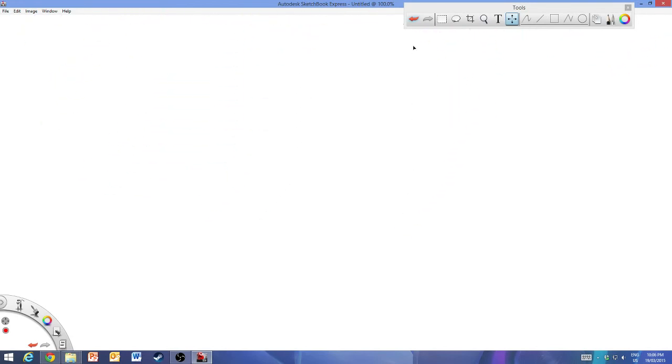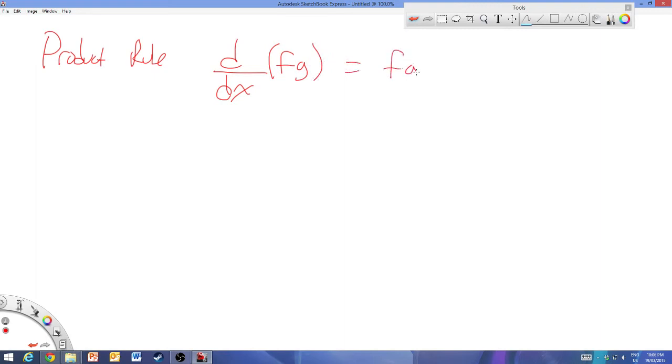Okay, and to recap, product rule is d by dx of two functions multiplied together is going to be f times g prime plus g times f prime.